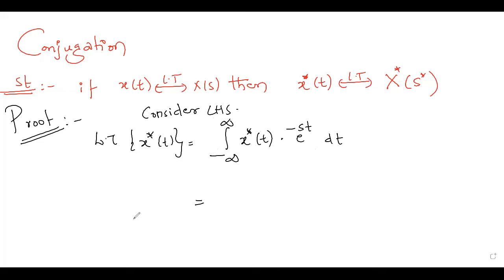For that, we need to arrange the terms: integral from minus infinity to infinity, signal multiplied with kernel. So see here in this proof, x of t into e power minus, in place of s I am writing s star, t dt. So the Laplace transform of x star of t as it is. Just observe the change.